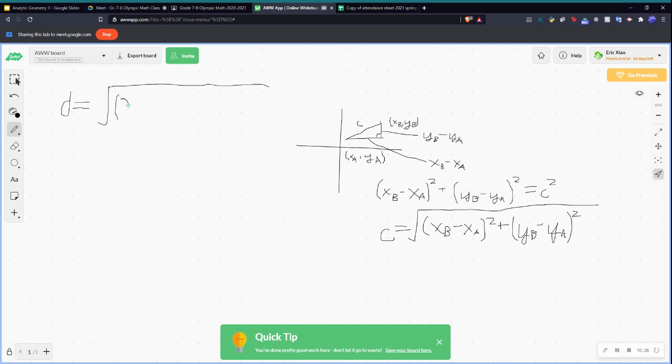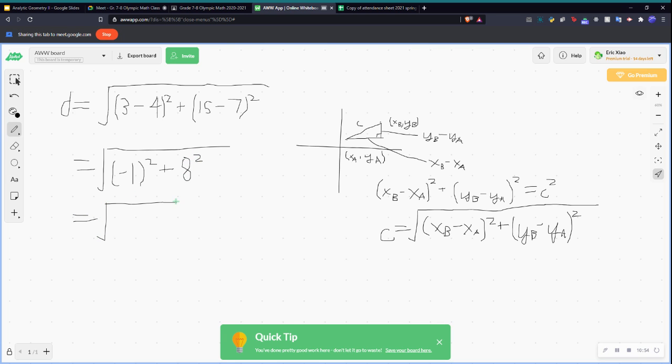So let's take the second coordinates and subtract them from the first coordinates. So 3 minus 4 squared plus 15 minus 7 squared. What do we get from that? This is just negative 1 squared plus 15 minus 7 gives you 8 squared.